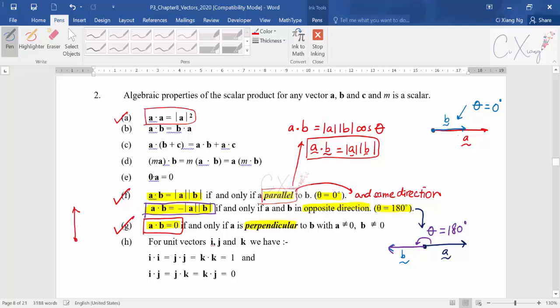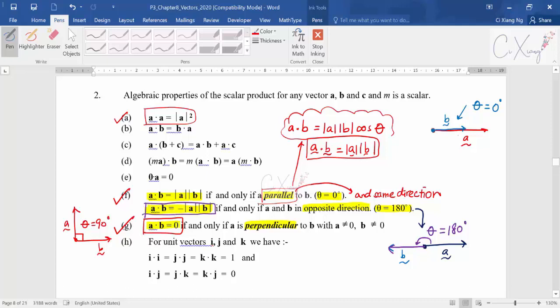In the perpendicular case, A is like this, and then B is in this direction, and they are 90 degrees to each other. Again, this result also comes from the original equation: cos 90 gives you 0. That's why A dot B equals 0. So to me, these three are quite important and worth knowing, especially the perpendicular result.